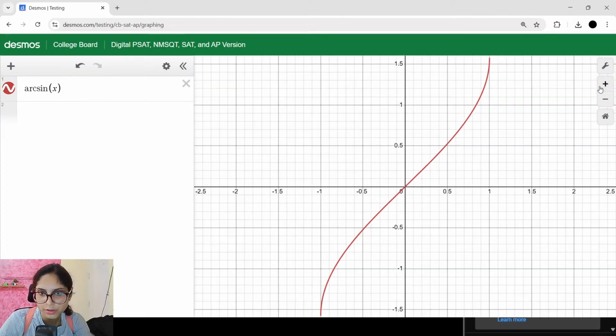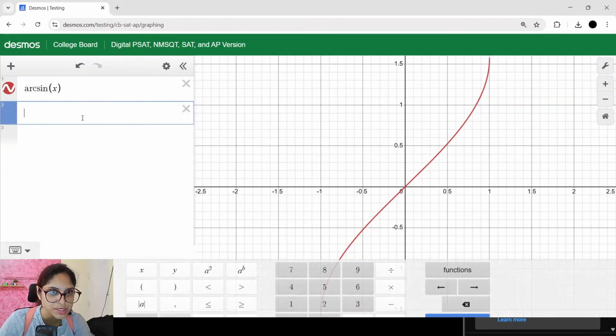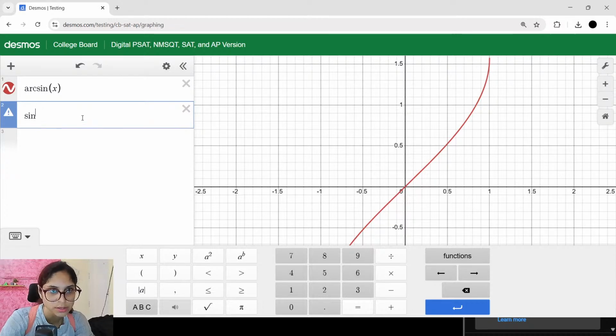You can see it from here. And if I type sine, shift 6 minus 1, x is the same thing. So either you can write arc. So arc sine, like arc in front of any trigonometric functions means the inverse. Okay?